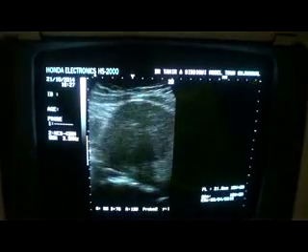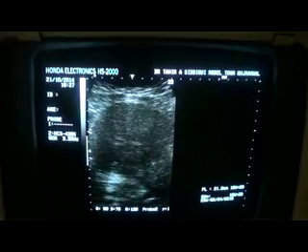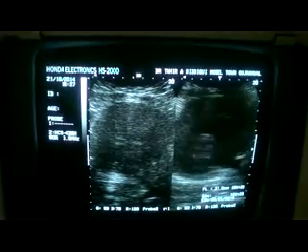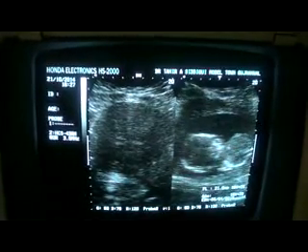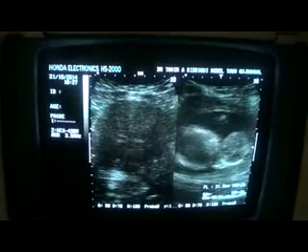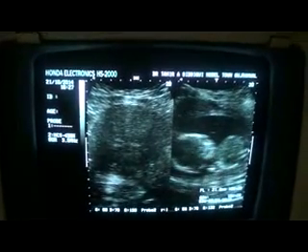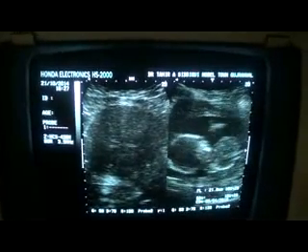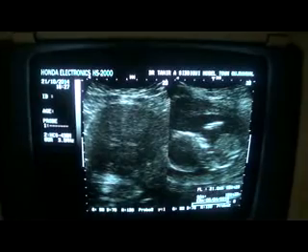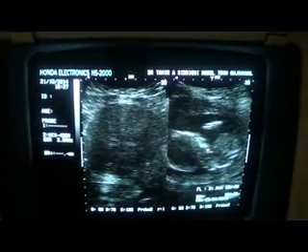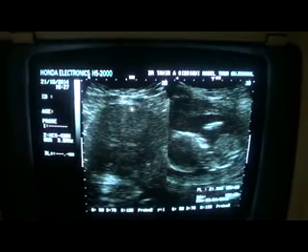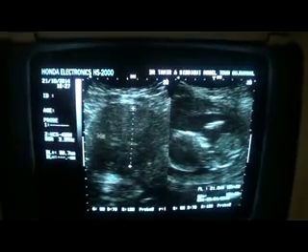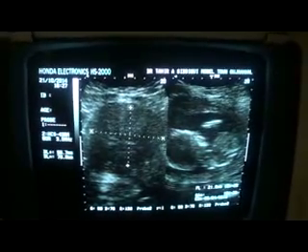This is the fibroid, same patient, and this is the fetus. And you can see the cardiac activity, the fetal movements. Okay, now this is the fibroid relating to the anterior fundal region.